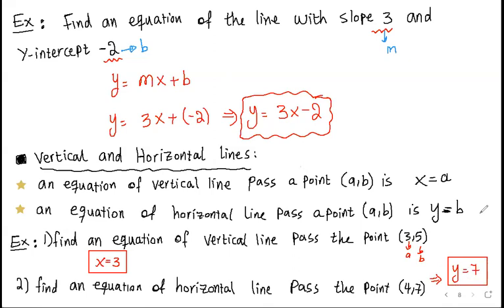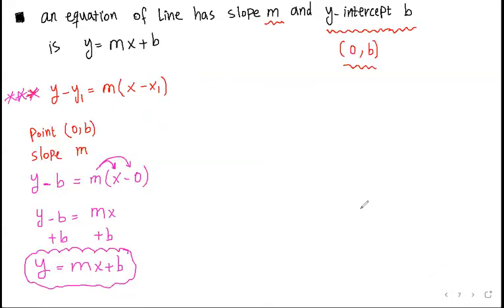Now let's go to parallel and perpendicular lines. We went over vertical and horizontal lines. We went over any line by using the formula before, with an equation that has a slope and y-intercept.